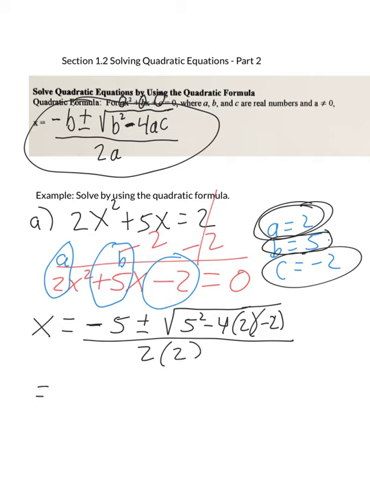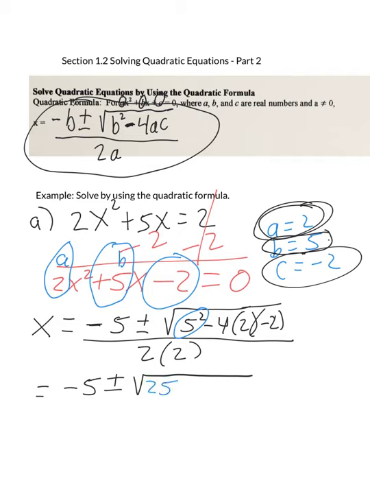Now let's use order of operations to simplify it to get it down to one number under the square root symbol. So bring down the negative 5 in the top left corner, bring down the plus or minus. Bring down the square root symbol. Under the square root symbol, I'm going to do the exponent, 5 squared, so 5 times itself is 25.